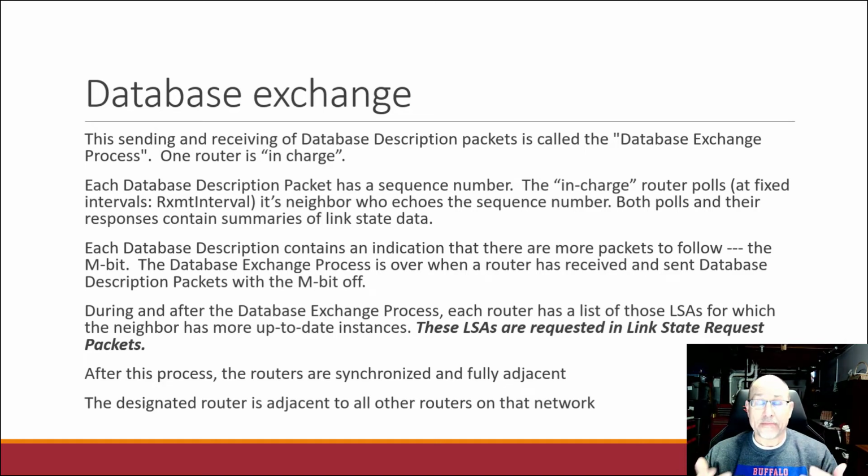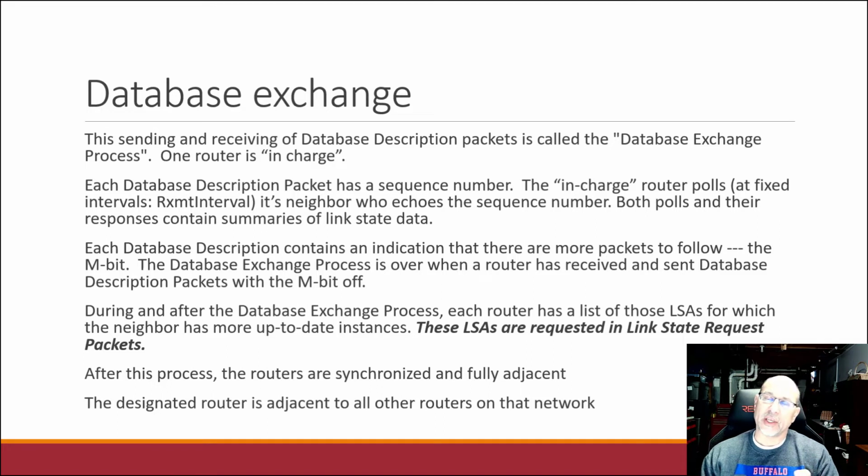Now, there may be many of these messages in order to get the database fully synchronized. And so there's a little flag that we set, the more messages flag. So essentially what's going on here is that we swap a database description message and we say, hey, listen, I want you to tell me your latest and greatest information with regard to your link state database.